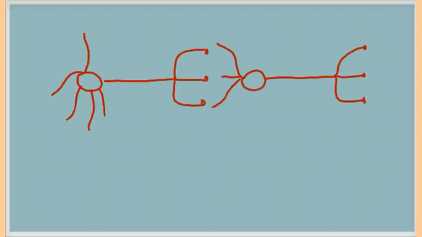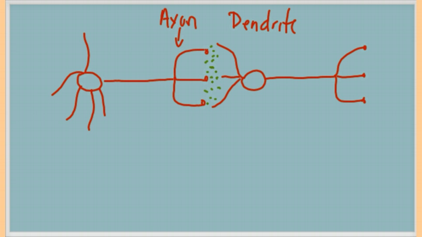So as I was saying, the axon, so let me just label this A-X-O-N, and this is the dendrite, D-E-N-D-R-I-T-E. So your axon sends out little bits or pieces of chemicals, called neurotransmitters.